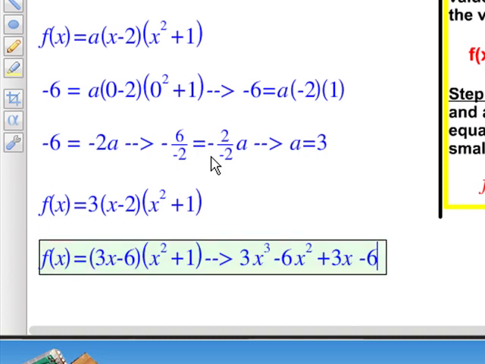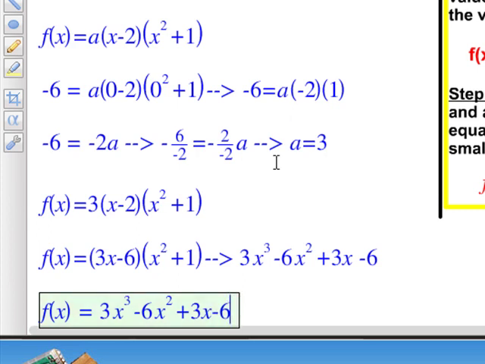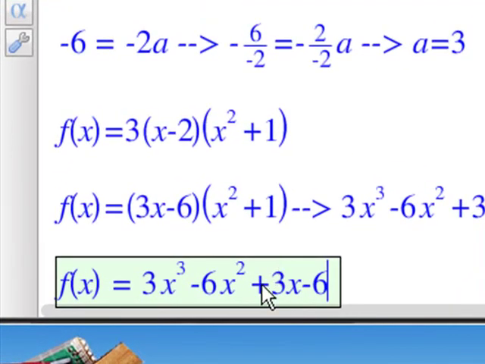Okay, so it looks like we have found our polynomial equation, which will be f of x equals 3x cubed minus 6x squared plus 3x minus 6. Okay, so here we are, we have our polynomial equation.